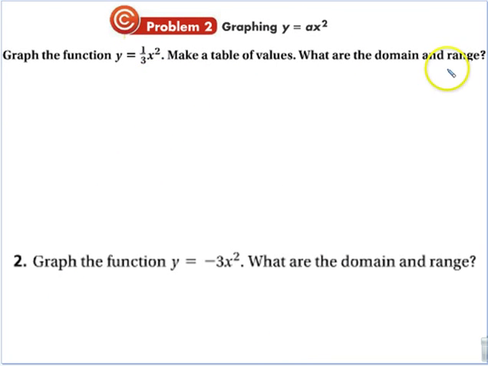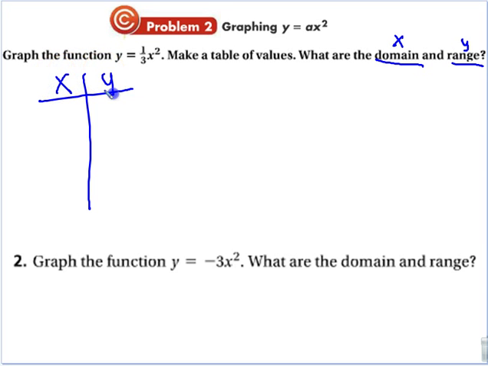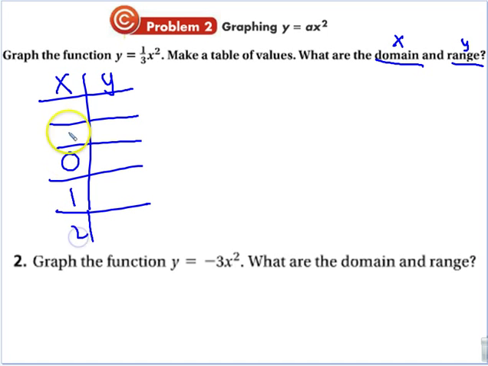Make a table of values. What are the domain and the range? The domain are the x's, the range are the y's. When we graph these, we are going to make a table. We're going to plug in some numbers. I'm going to show you something. This is 0.